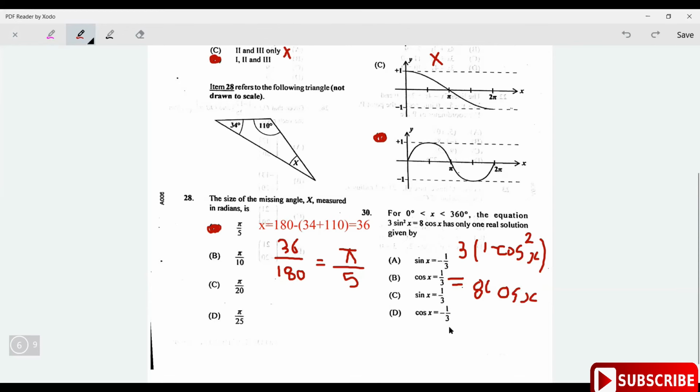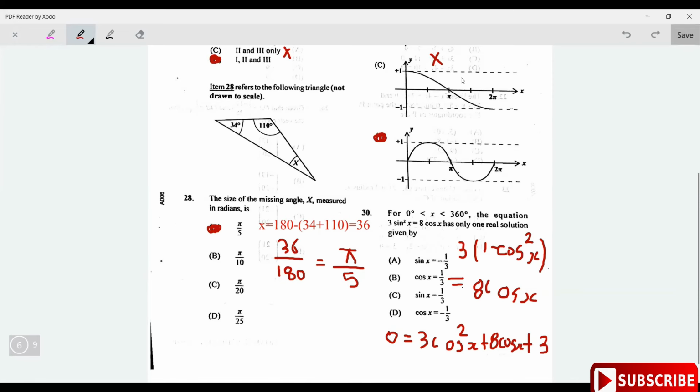So you expand and bring to one side to get 0 equals 3 cos square x plus 8 cos x plus 3.